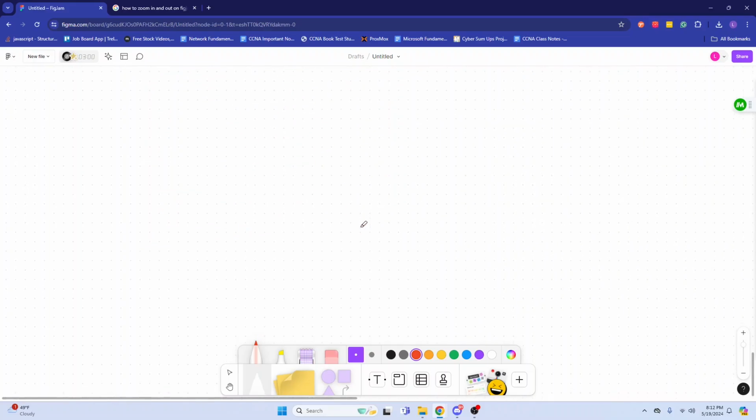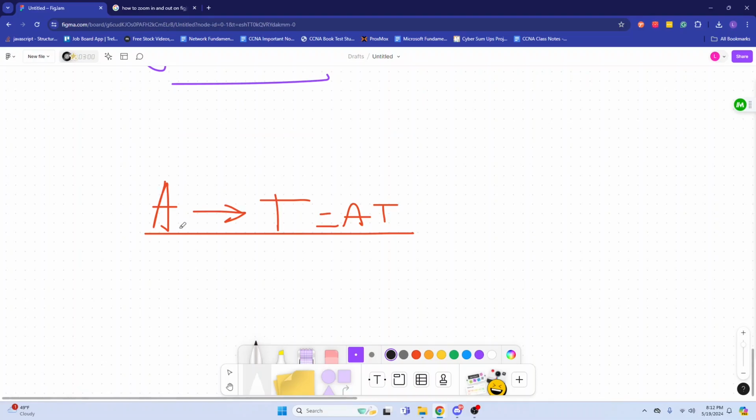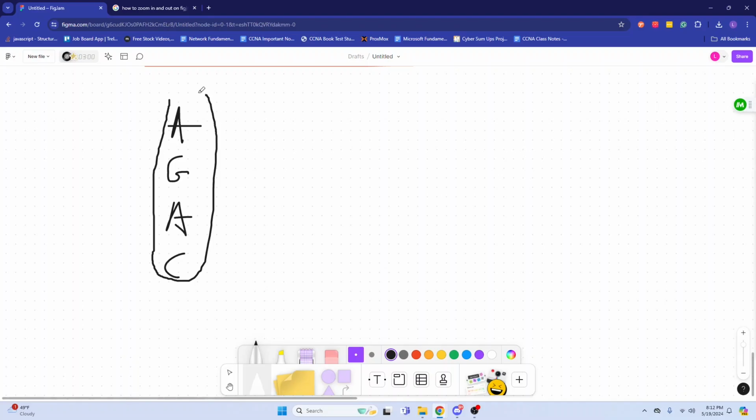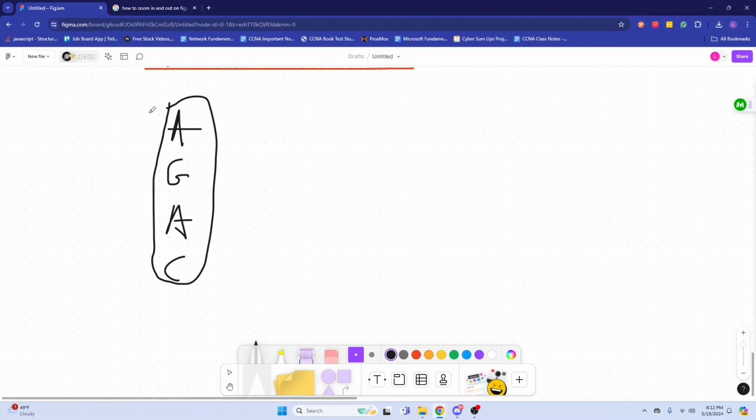And that brings me to the next point, which is single strand versus double strand, and then where we get the double helix name from. So these go with certain things, right? So let's say A, G, A, C. This is a single strand of DNA. Now, what you're not seeing over here is there's a phosphate group and a sugar underneath.